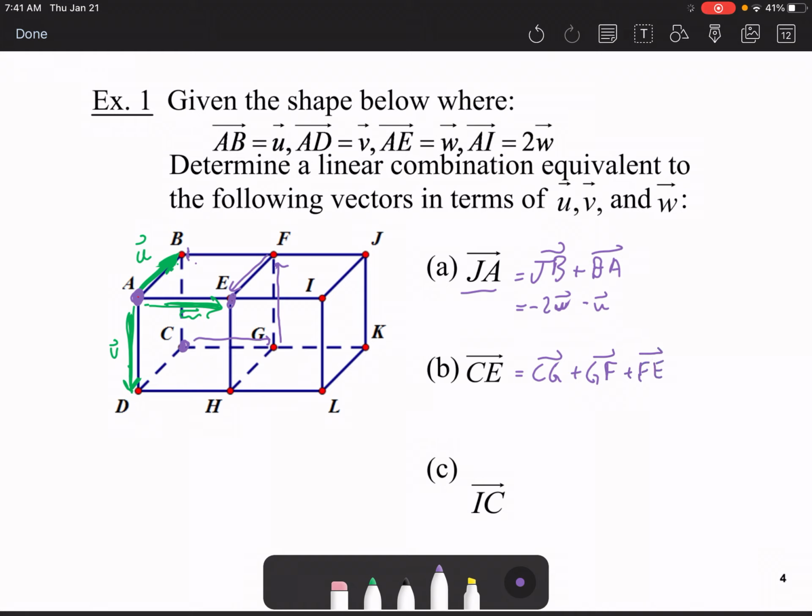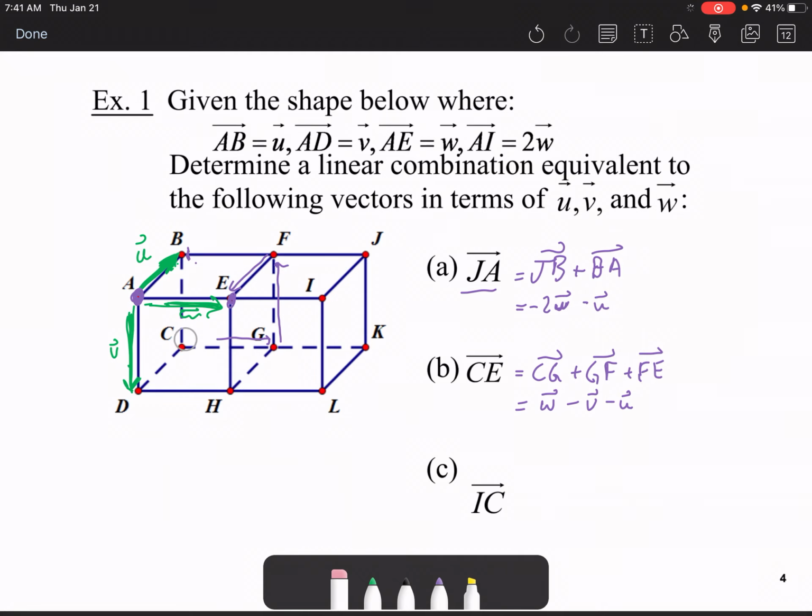And then you just find equivalent vectors of each one. The vector CG is parallel to vector W, so it's the same vector, W. G to F is the same vector as negative V, so minus V. And F to E is the same vector as negative U. So there's another equivalent linear combination.